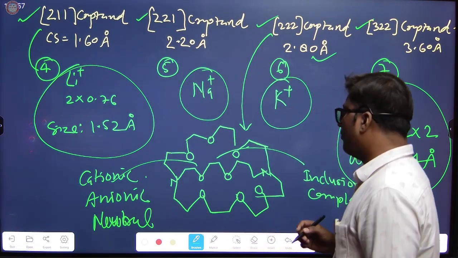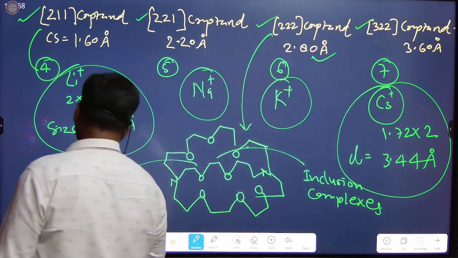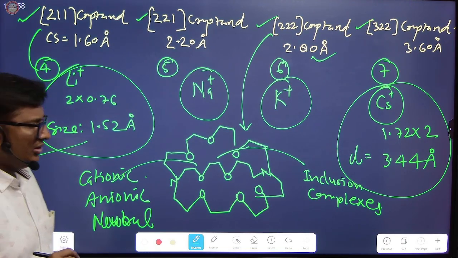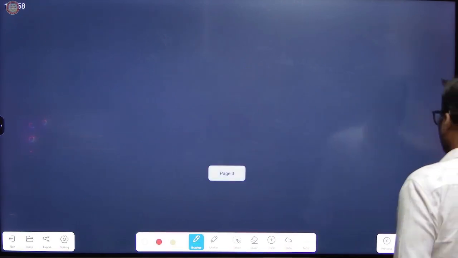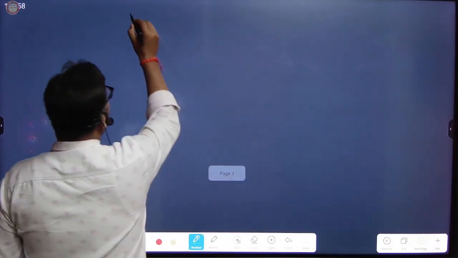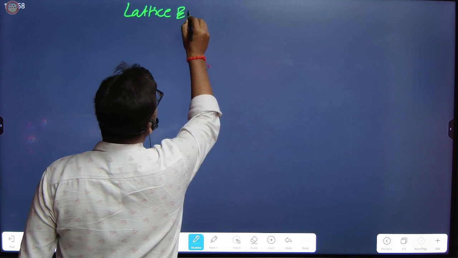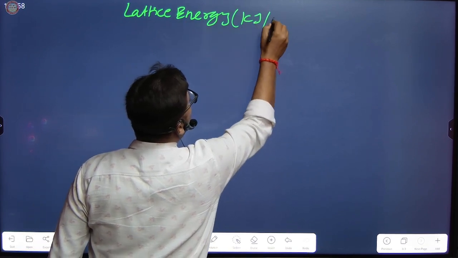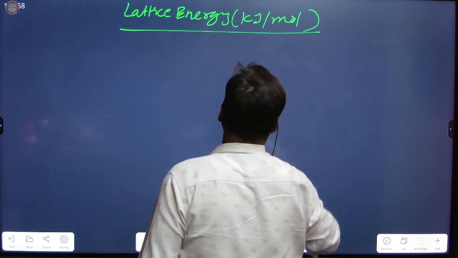So what is the lattice energy of the cryptand? Lattice energy, in kilojoule per mole, right?